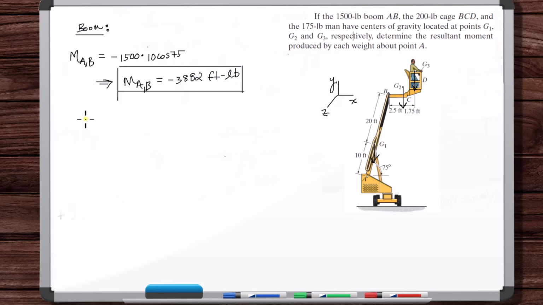Okay, now the cage. The moment about point A of the cage is also going to be clockwise. All of these forces are going to cause a clockwise rotation.